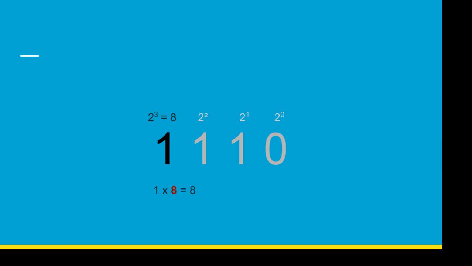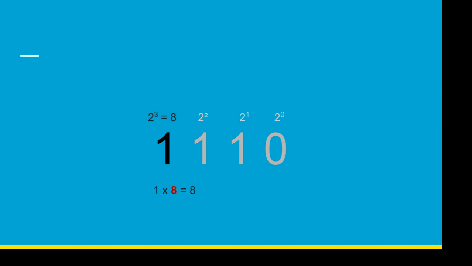Now, if you work with binary for a while, you'll memorize just by working with it so much that it's the 1's place, 2, 4, 8, 16, 32, 64, and then I start to forget 64, 128, 256, 512, 1024.